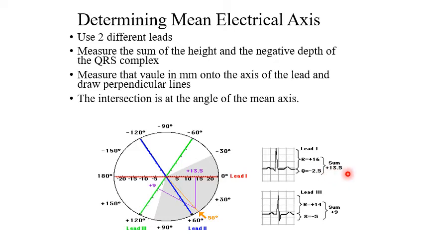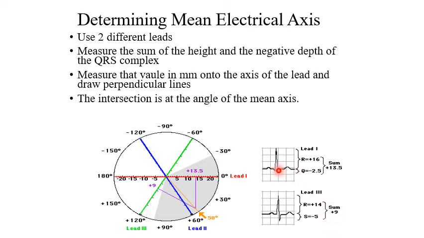So this is the algebraic sum of the positive and negative deflections of the QRS. In lead 3, there is a positive deflection with a height of positive 14 small squares, and the S is minus 5 small squares, so the algebraic sum is positive 9.